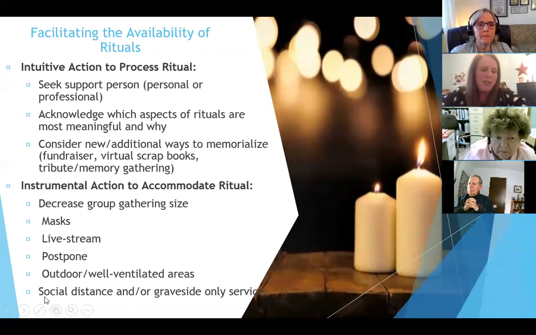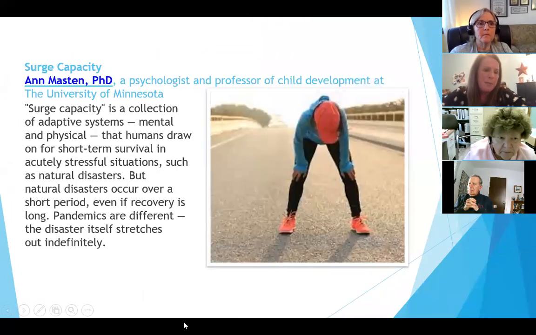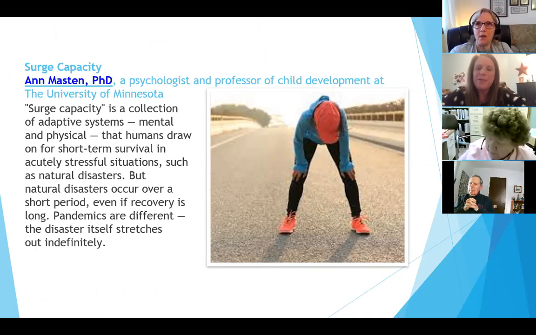Jamie, you can advance forward. I like this surge capacity. I read this article not too long ago, and I like ways to frame feelings, to identify them and, as we said before, name it.